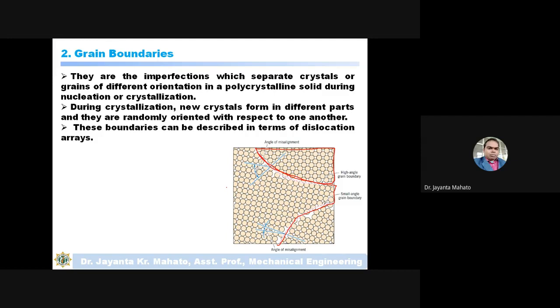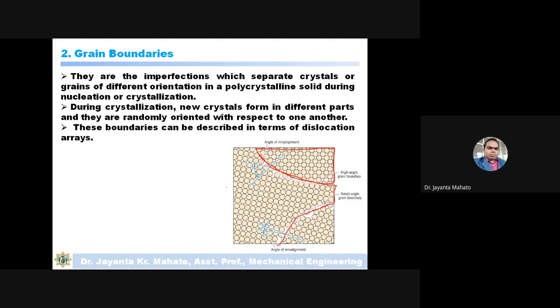And these grain boundaries can be described in terms of dislocation arrays. Dislocation is nothing but a one-dimensional crystal defect that I have told in the previous class. So these grain boundaries can also be described in terms of dislocation arrays.